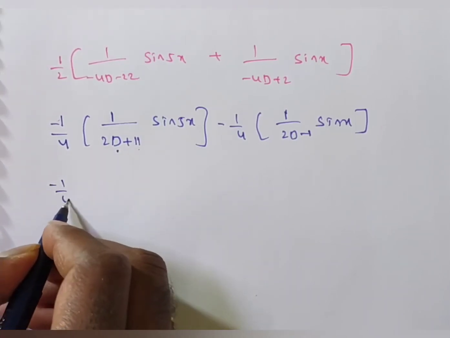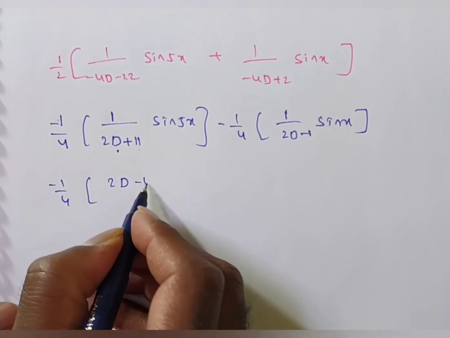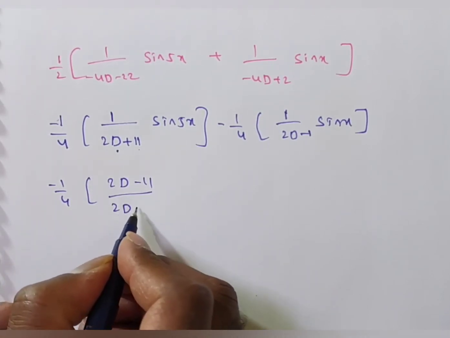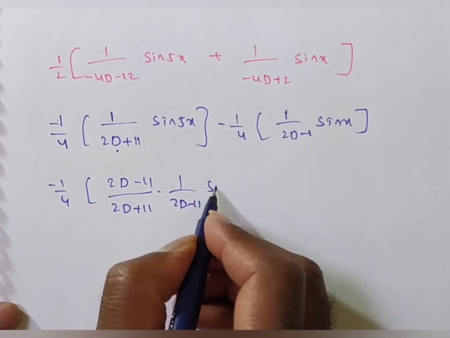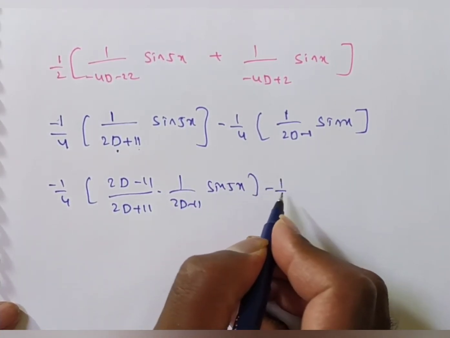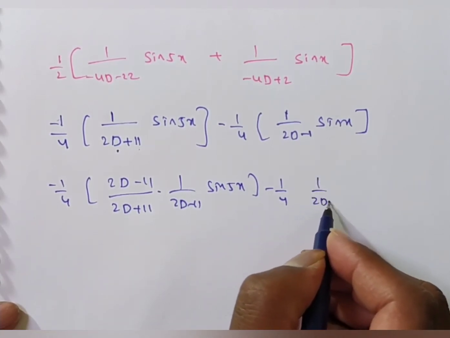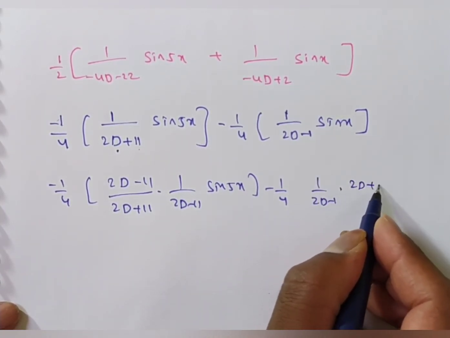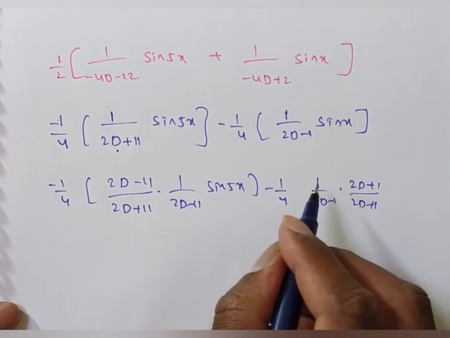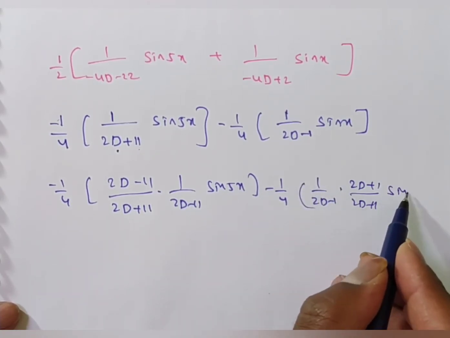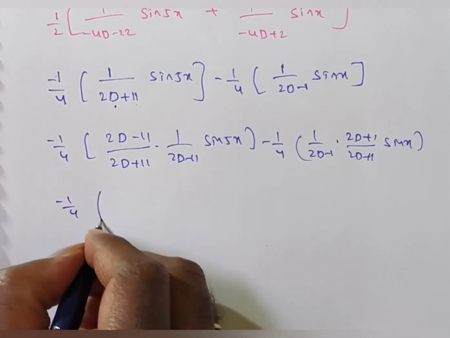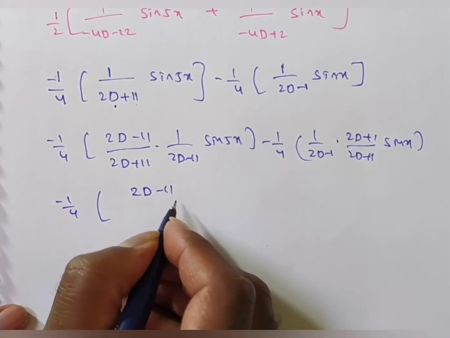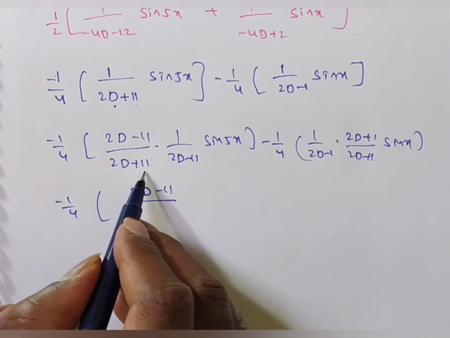So this is minus 1 by 4 times 2D minus 11 by 2D plus 11, into 1 by 2D minus 11 sine 5x, minus 1 by 4 times 1 by 2D minus 1 into 2D plus 1 by 2D plus 1. I am rationalizing, right, into sine x. If I rationalize it, you see what will happen here. Minus 1 by 4 times the numerator 2D minus 11, and the denominator a plus b into a minus b.